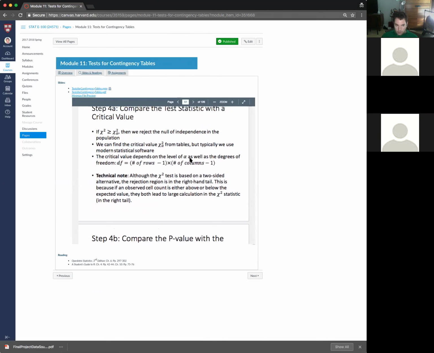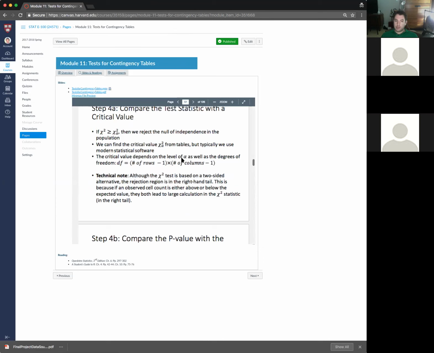And then we're going to compare it with the critical value, but just understand that also the degrees of freedom for this test is calculated differently. The degrees of freedom will be the number of rows minus 1 multiplied by the number of columns minus 1. So we said this was a 3x2 table. If we take the number of rows, which was 2, and subtract 1, we get 1. And if we take the number of columns, 3, subtract 1, we get 2.